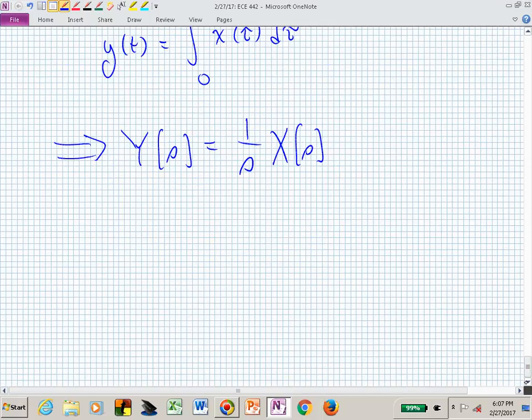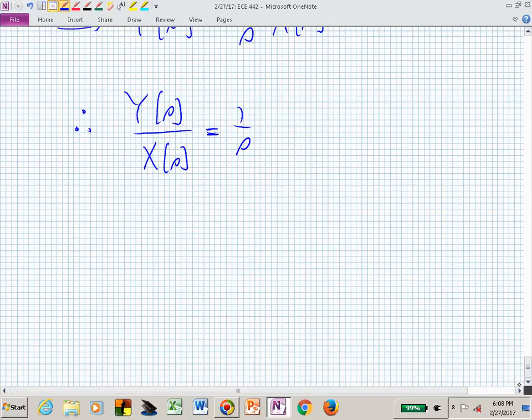What's our transfer function? Our transfer function of an integrator for the continuous time waveform is 1 over s. Well, now we're there. What we want to do is compare these expressions. What we want to do is go from H of s to H of z, and if we have a way to map s into z, we'll be there.